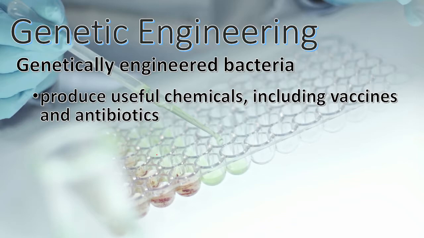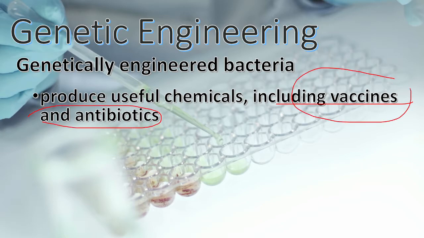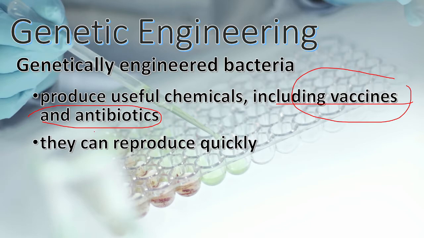Genetically engineered bacteria produce useful chemicals, including vaccines and antibiotics. Maybe our doctors or researchers today are using genetically engineered bacteria to create vaccines for COVID-19. Typically the reason for that is they can reproduce quickly, so you can do test runs and trials quickly.